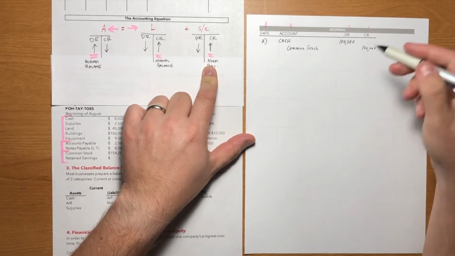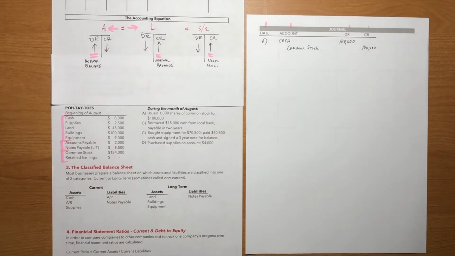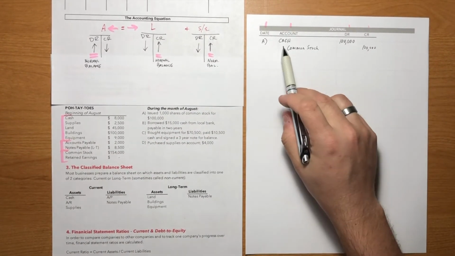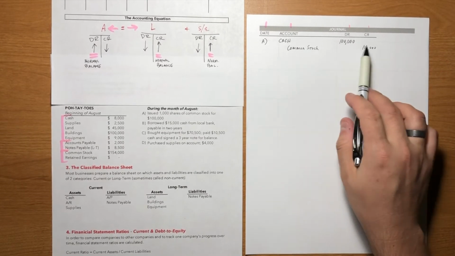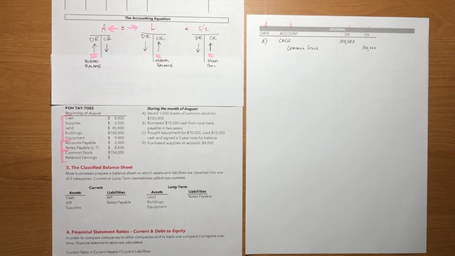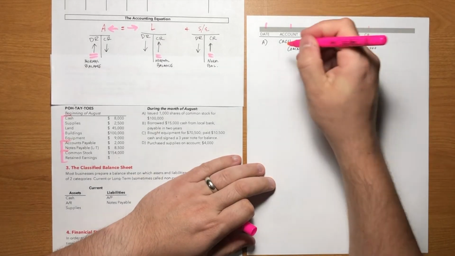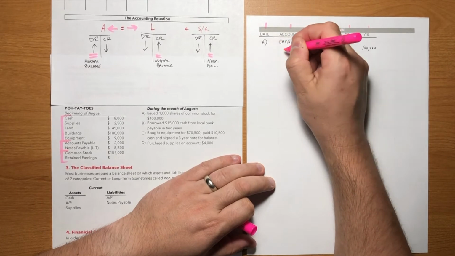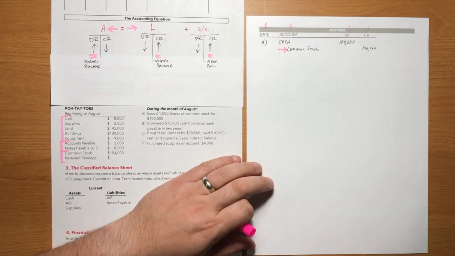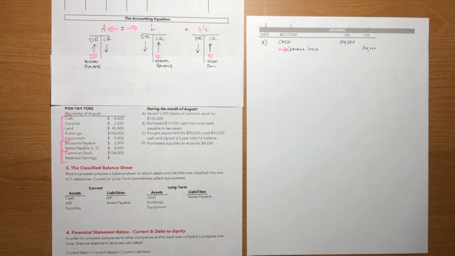So here's my journal entry. I have a debit to cash for $100,000 and a credit to common stock for $100,000. Now, what do you notice about this journal entry? Well, the debit comes first and the credit is indented. Now, why do we do this?